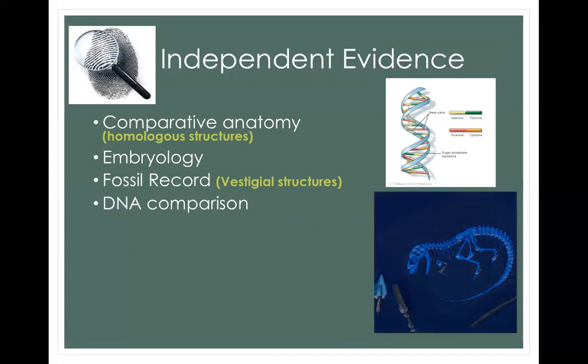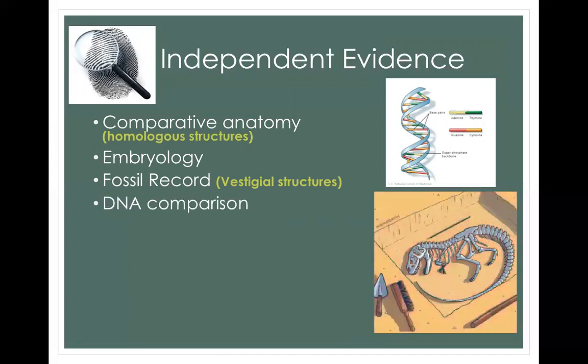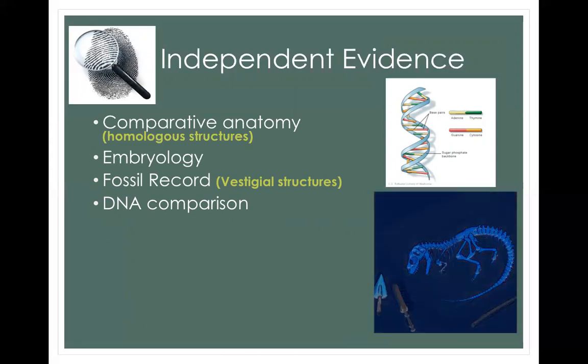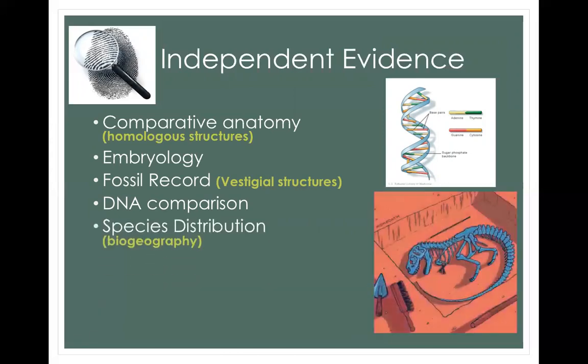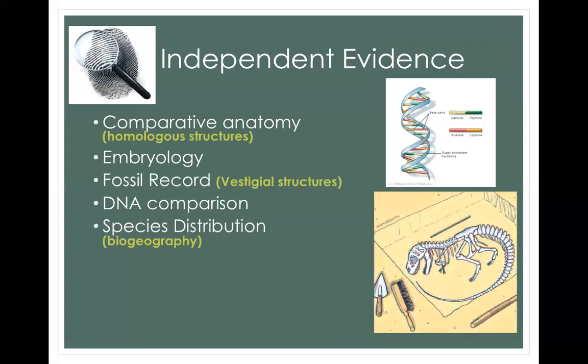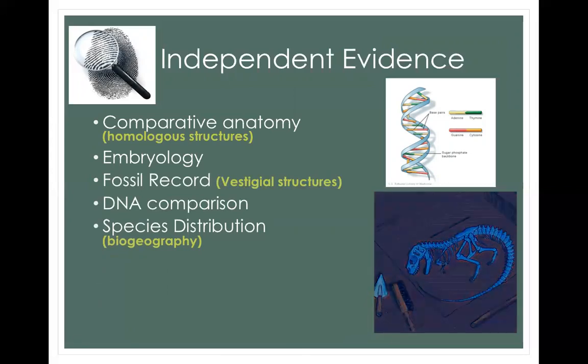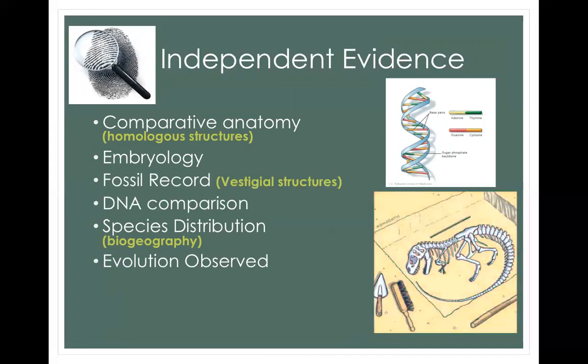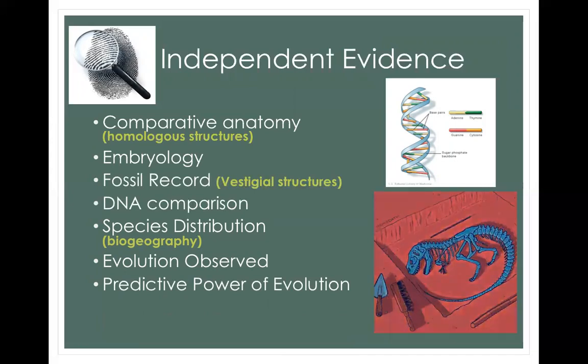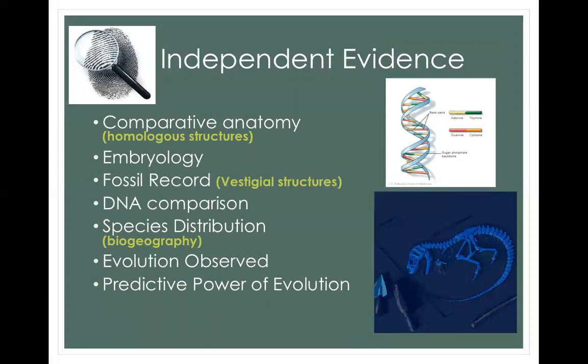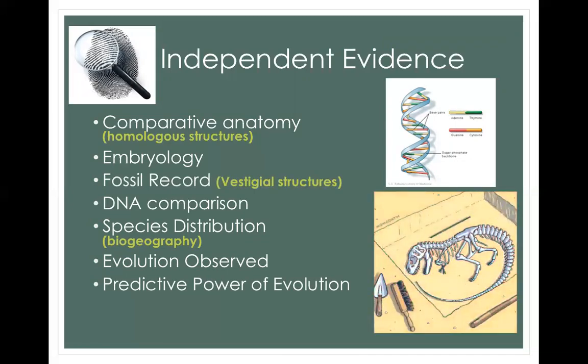Okay. DNA comparison, right? So we saw that primates have the most similar DNA pattern to us, so we see those similarities. Species distribution, how an organism is spread out throughout an environment, right? Where they're located. And then we can actually see evolution in real time with some smaller organisms that reproduce very quickly, like flies, for instance.